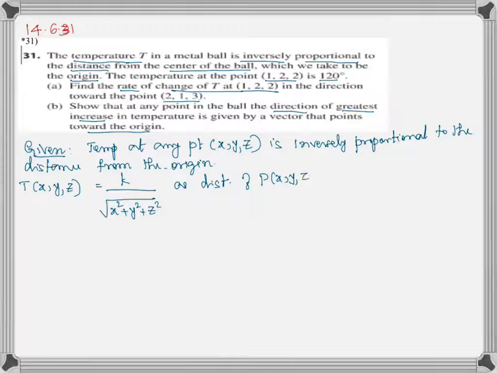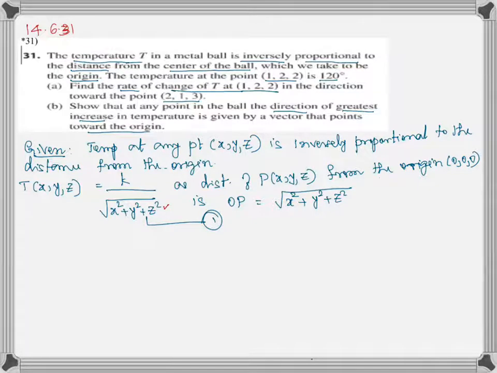The distance OP is the square root of x squared plus y squared plus z squared. That goes in the denominator. We'll call that expression 1.